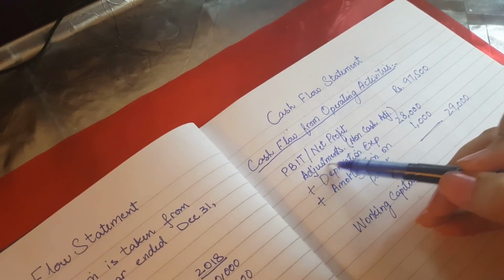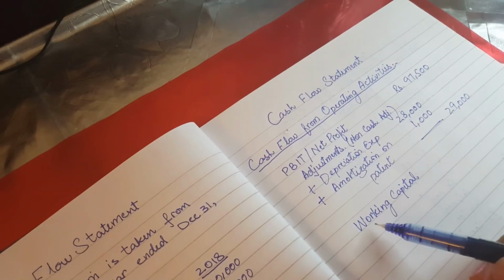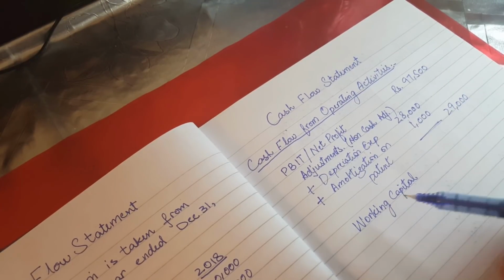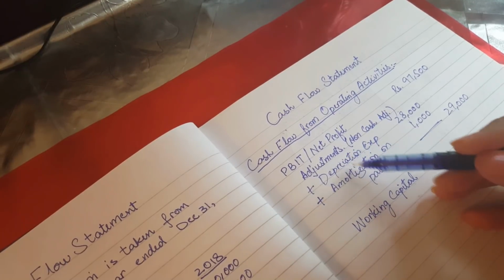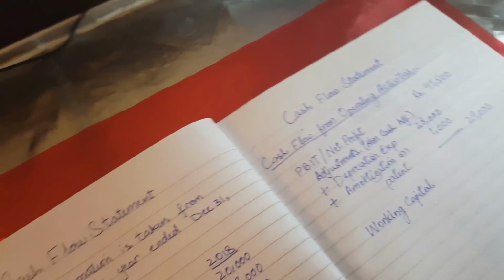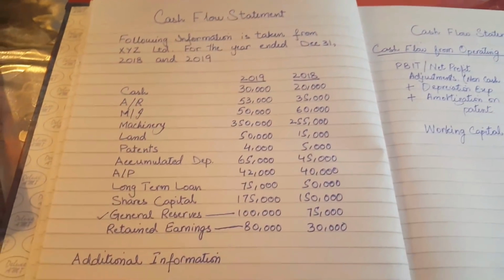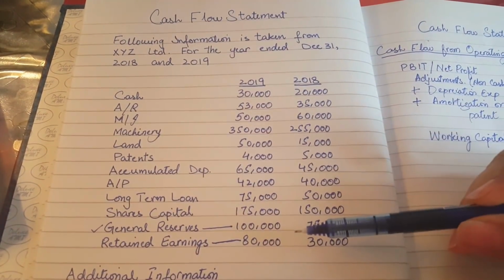So all the non-cash items are done here, and this is the other heading of working capital. Now we will see what working capitals are given to us. These two adjustments were the only ones available for non-cash items according to this question. No other non-cash item is available.